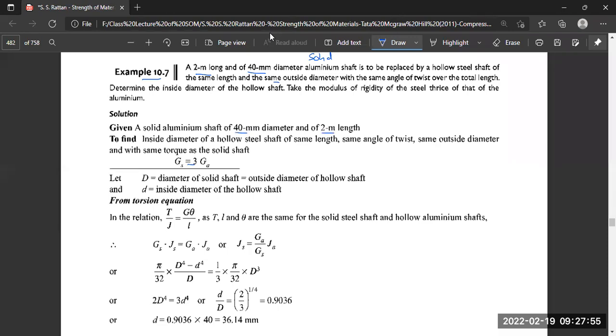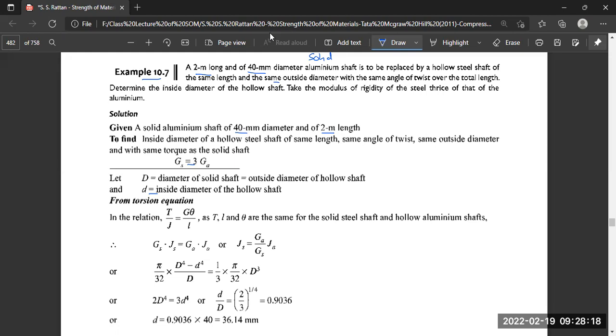Now, d becomes the inside diameter of the hollow shaft. In the torsion equation, T divided by J is equal to G into theta divided by L, where T stands for turning moment, J stands for polar moment of inertia, G stands for modulus of rigidity, theta is the angle of twist, and L is the length of the bar.